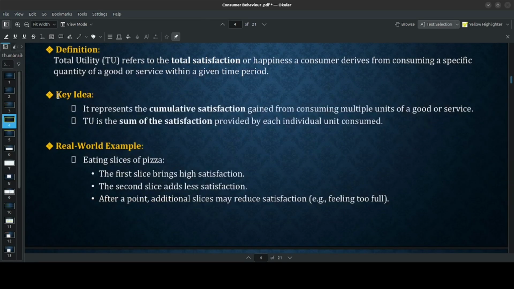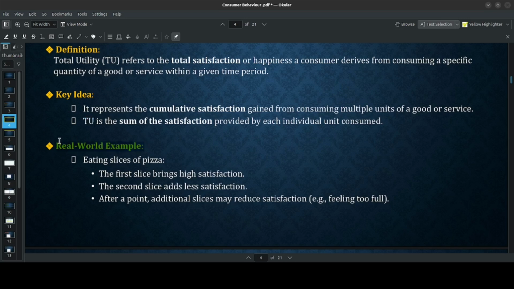Let's explain total utility. The key idea: it represents the cumulative satisfaction gained from consuming multiple units of a good or service. Total utility is the sum of the satisfaction provided by each individual unit consumed.